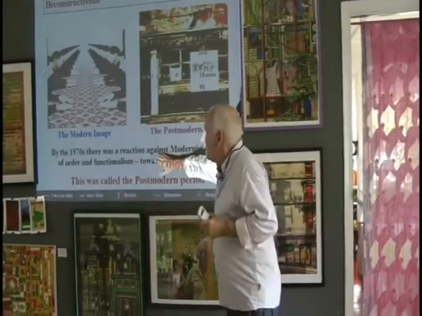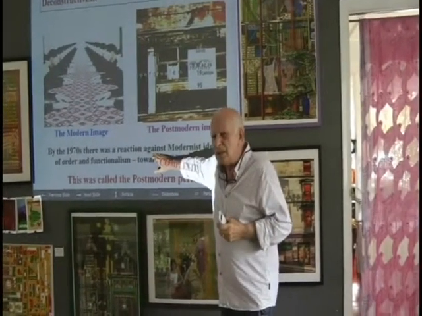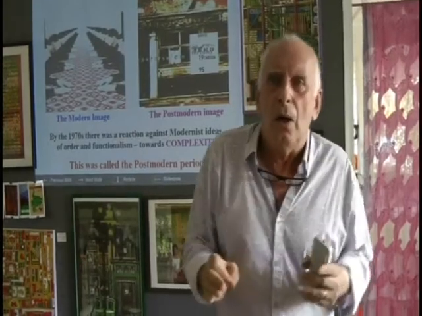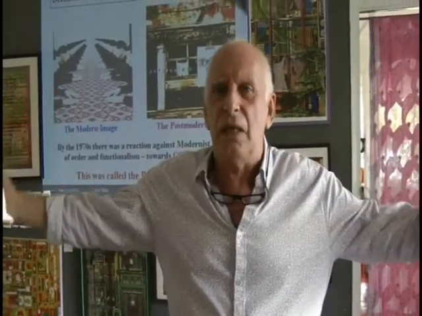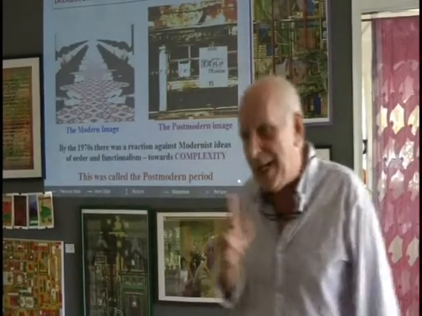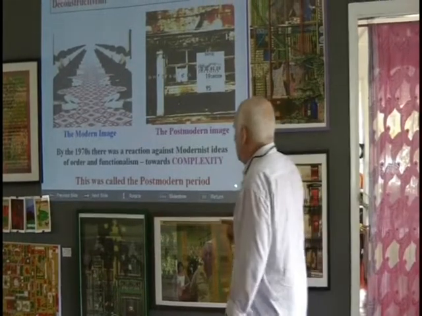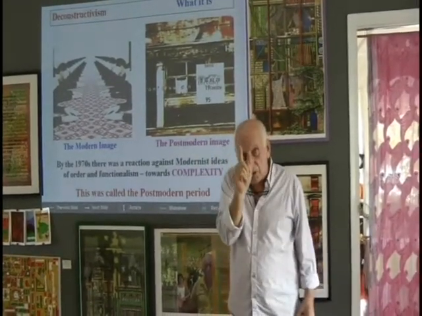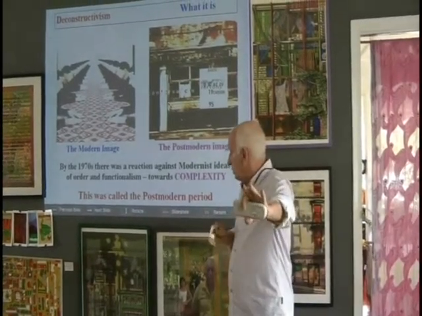So, we can say by the 1970s that modernism was suffering attacks on the way it was designing the environment, the buildings, the graphics, whatever else, right? And part of that attack, right, comes from modernism, it's called deconstructivism, which we'll get to, okay?